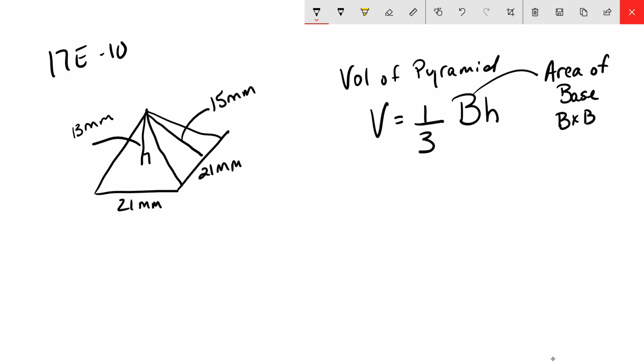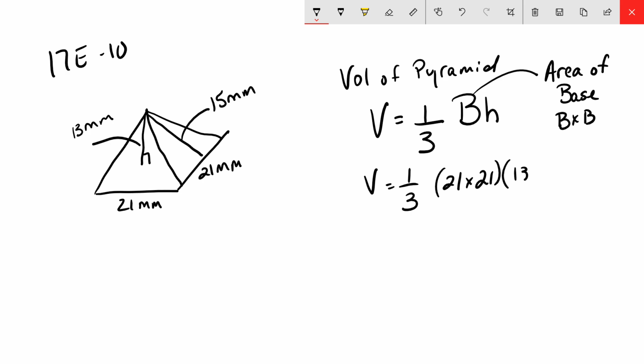So my volume is going to equal 1/3 the area of my base, length times width, and here with it being a square, it's going to be 21 times 21, times my height, and my height is 13.